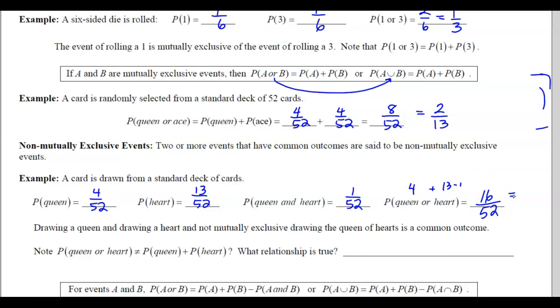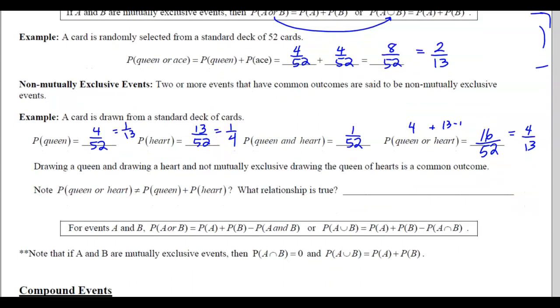And that can reduce, that goes over 4, 13, if you want to reduce it. Drawing a queen and drawing a heart are not mutually exclusive because drawing a queen of hearts is a common outcome.